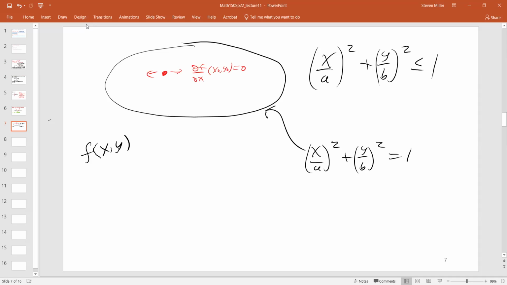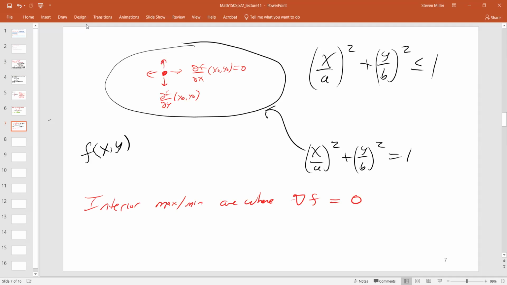What if I move up and down? What must be true? The partial derivative with respect to y has to be zero. So for interior points, interior max and min, the gradient of f is equal to zero.